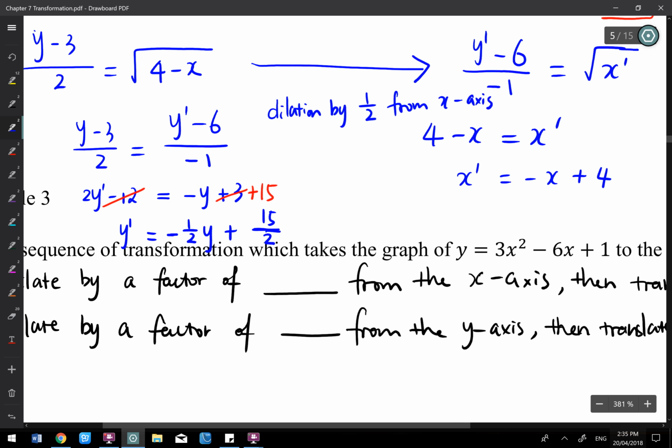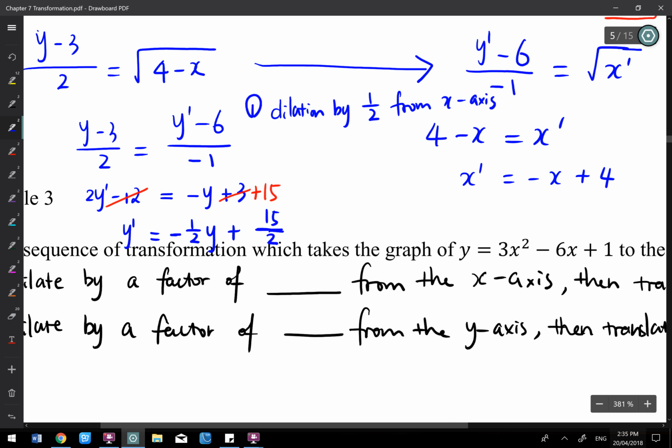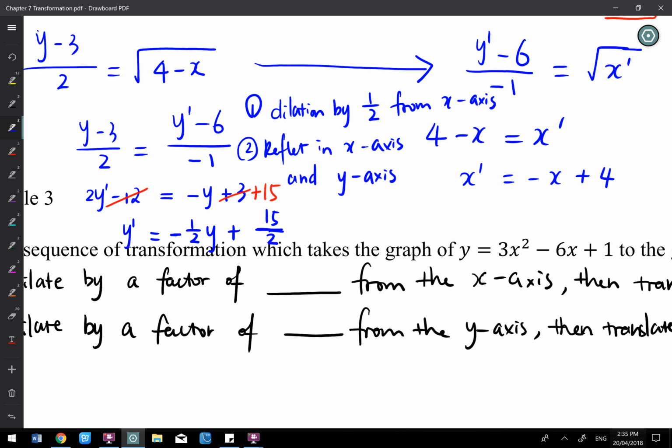That's the only dilation I can see. And reflection, because you have negative and negative. Reflect in the x-axis and y-axis. You have two negatives, so it will be reflect in the x-axis and also reflect in the y-axis.